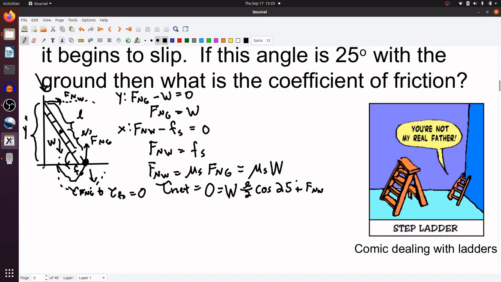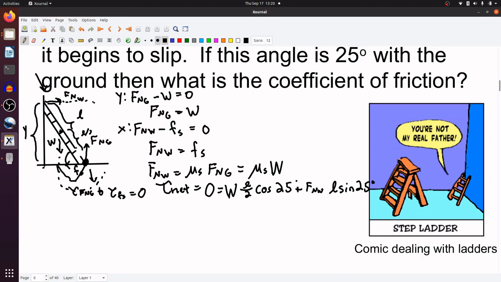Okay? We need that side. So that'll be all of L. It's on the opposite side, so that's going to be all of L sine theta, or sine 25. So go back over here, and I have L sine 25. Okay. That's a little bit better.